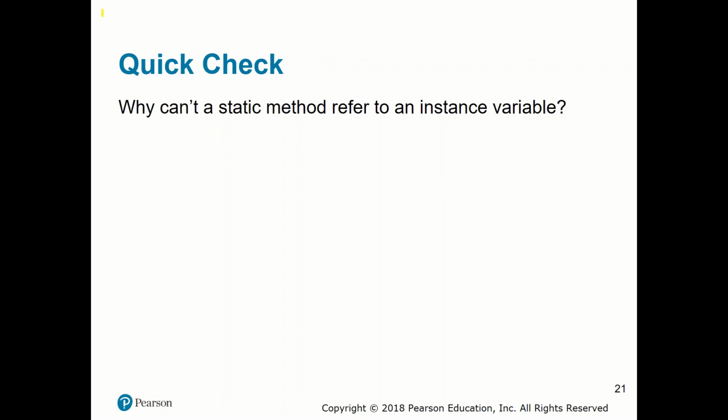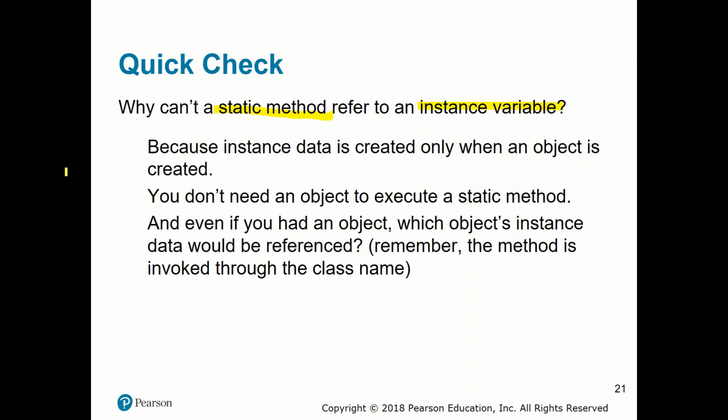Finally, let's do a quick check. Why can't a static method refer to an instance variable? I told you that. It is because instance data is created only when an object is created, right? But we can use static data and static methods without an instance.